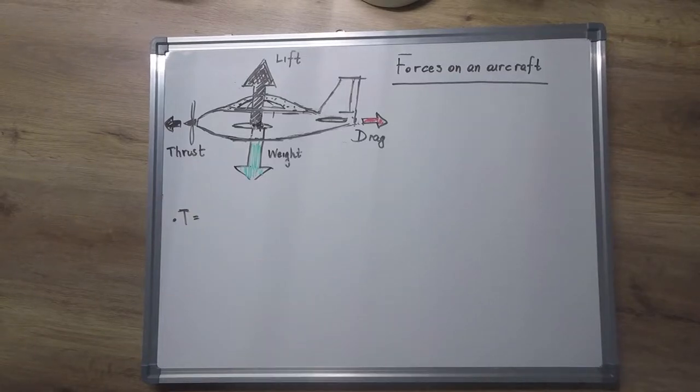In general, thrust is produced by the change in velocity that the engine creates to the airflow and the change in pressure that the engine creates to the airflow just before and after the engine. So, thrust comprises two factors.